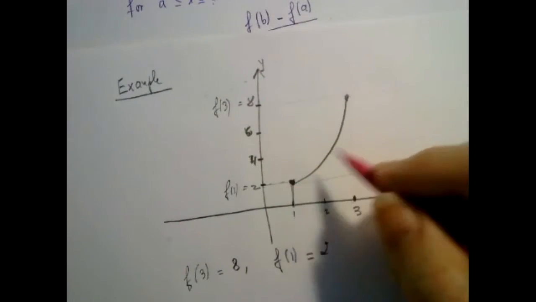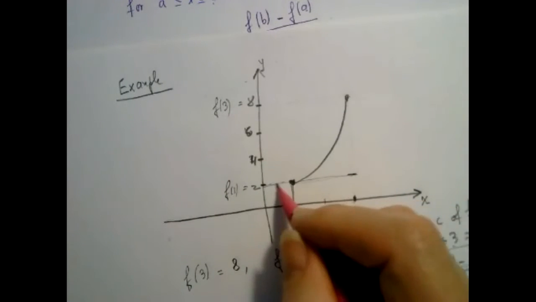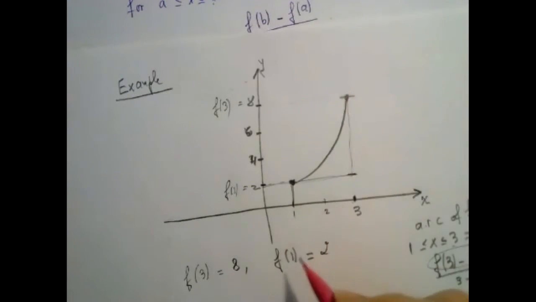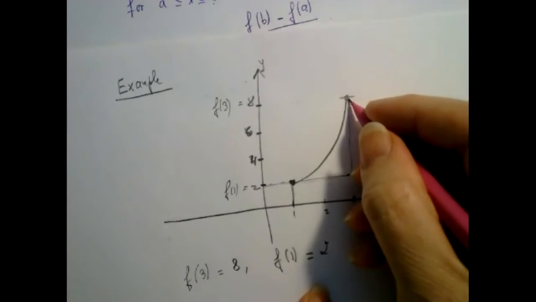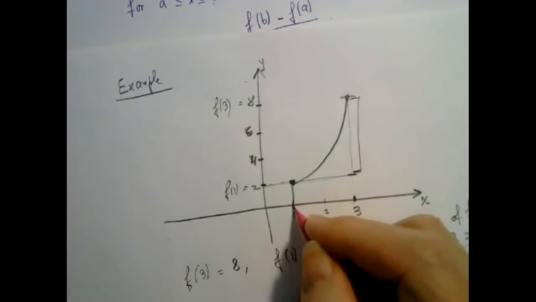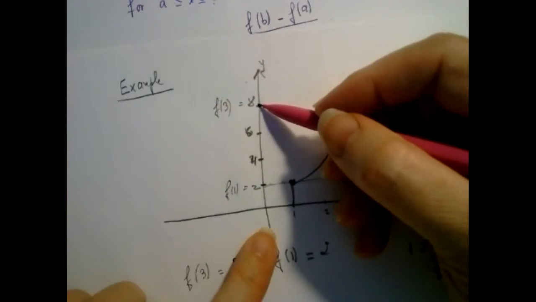When x changed from 1 to 3, the output was at 2, right there, and then the output at 3 is at 8. So f of 3 minus f of 1 tells me how much my output changed between 1 and 3.